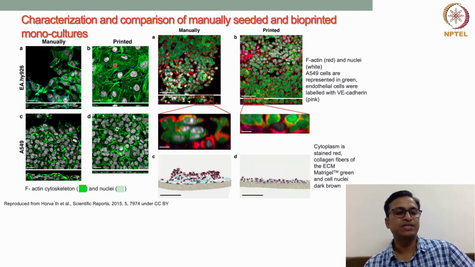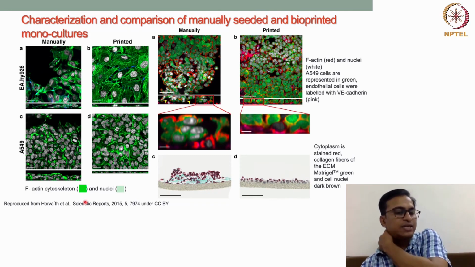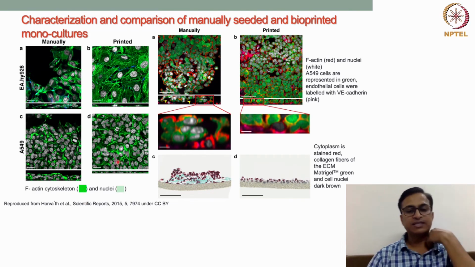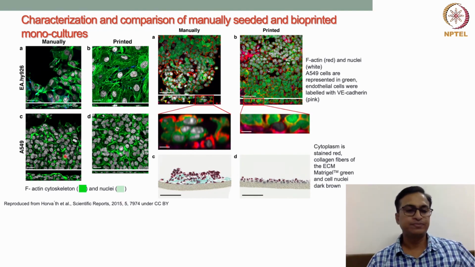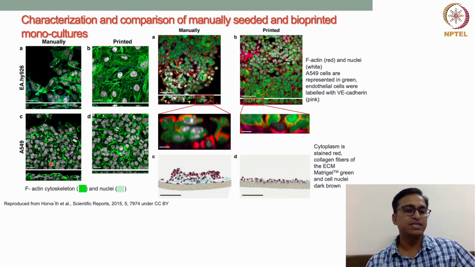But in the printed case, the endothelial cells form a continuous monolayer structure. The green color is the F-actin cytoskeleton and the white is the cell nucleus. In both endothelial and epithelial cells, when the cells are printed they form a continuous monolayer, but in this case they do not.